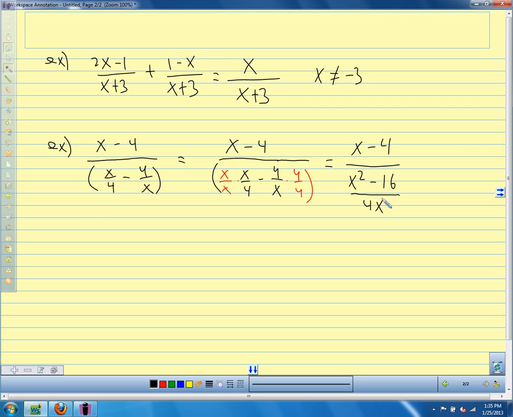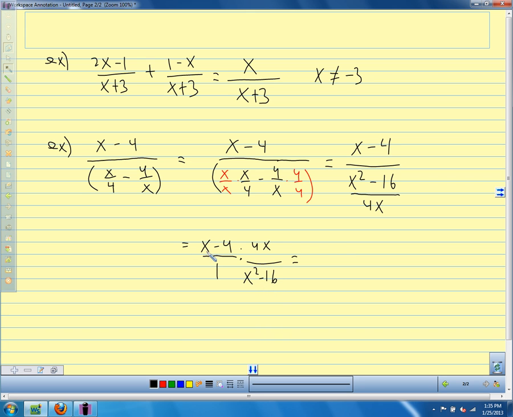And now someone said it before, when I divide by a fraction, what am I doing? Multiply by the reciprocal. So this equals x minus 4 times 4x over x squared minus 16. And we can think of this as x minus 4 over 1 if we want to. So what about this x squared minus 16? Factor.